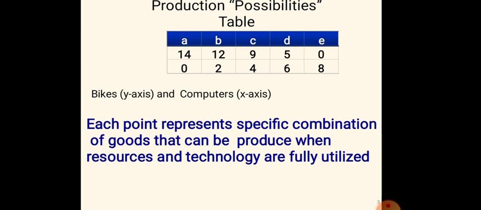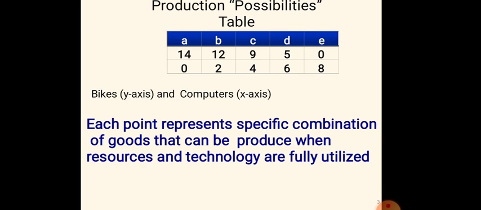One such production possibility schedule we are going to discuss today. The table in front of you shows five different combinations of bikes and computers. There can be many combinations of bikes and computers, but for the sake of simplicity, we initially will discuss these five combinations only.